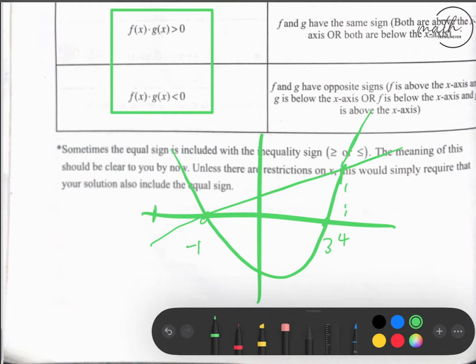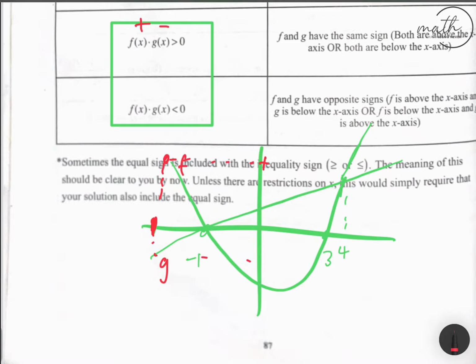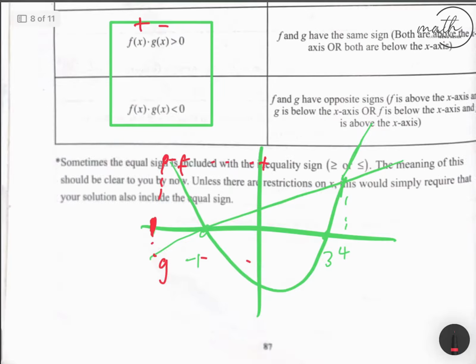You compare the points, you start there. When you're here, check the signs of the y's. Let's say this is f, this is g. When you're here, f is up here, so f is positive. When you're here, g is negative. Here, we want greater than 0, which means positive.